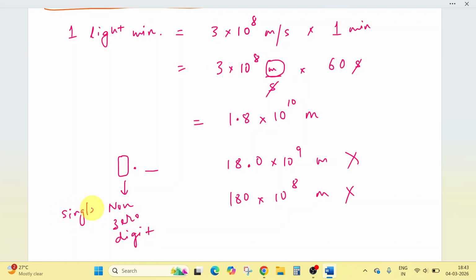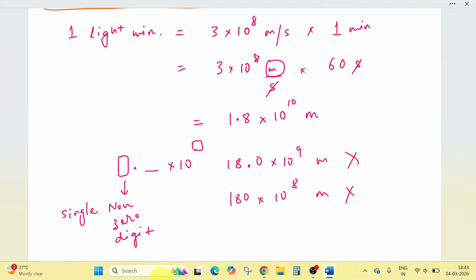Digits are always single, and here you can write two digits maximum into 10 to the power something. It can be 10 to the power minus also, it can be 10 to the power plus also, but before the point there should be one non-zero digit.